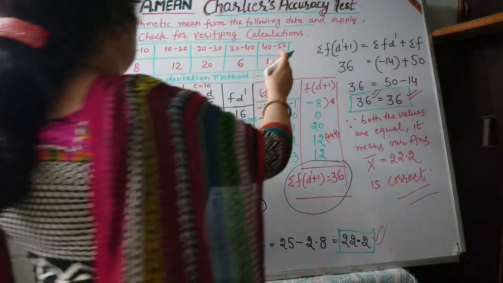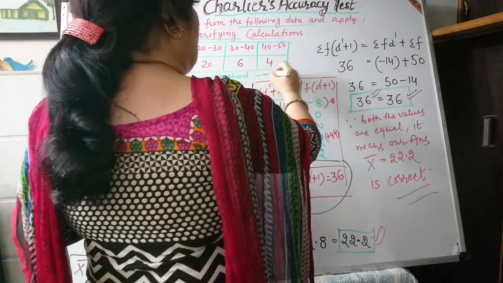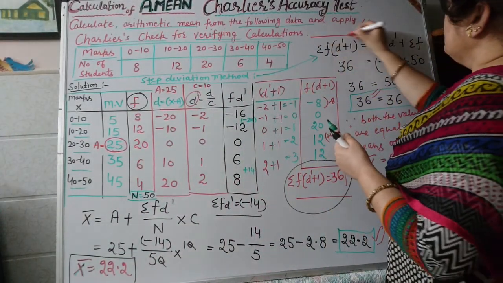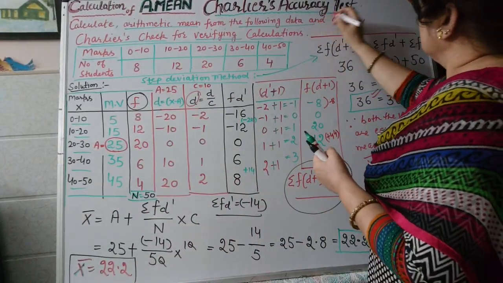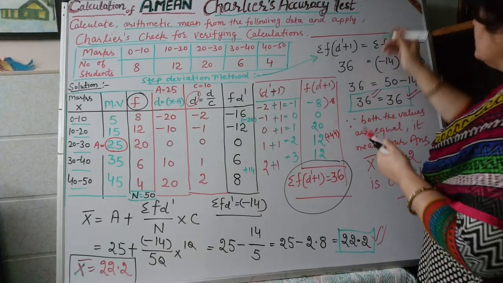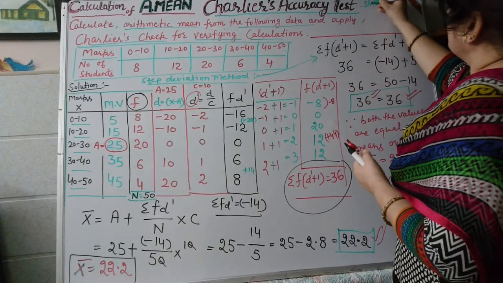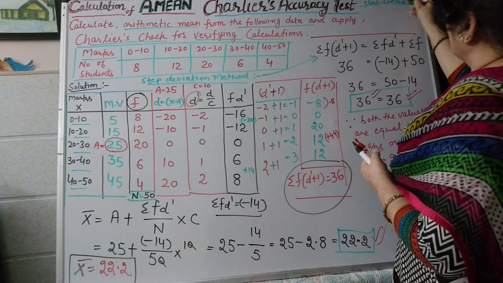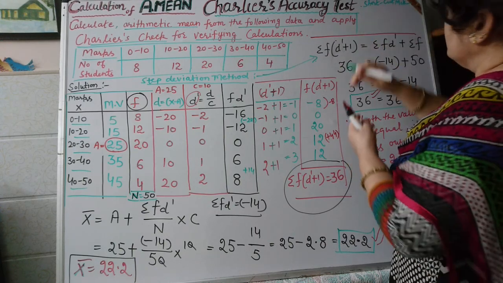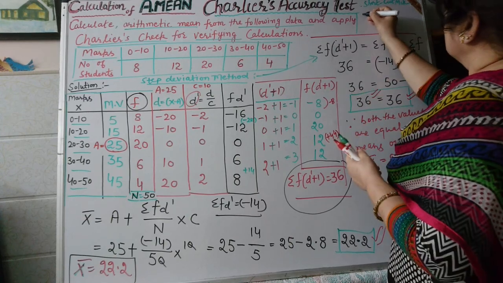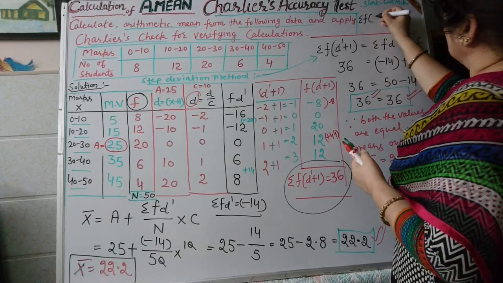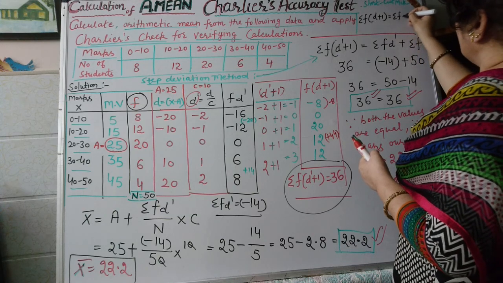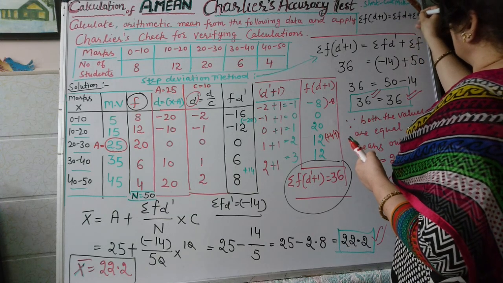We have applied step deviation method. Suppose that we are applying shortcut method. So I am also writing down the formula of shortcut method. In shortcut, sigma f d plus 1 is equal to sigma f d plus sigma f.